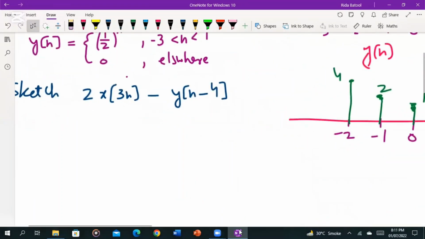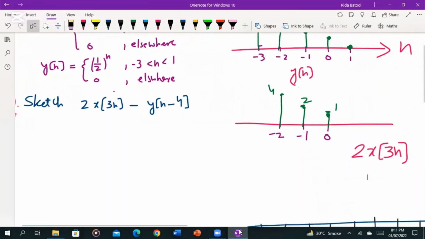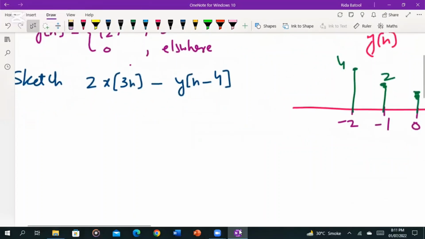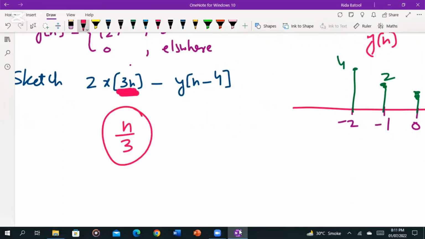Look, it is x of 3n. You cannot multiply the values of n by 3. X of 3n doesn't mean this. If they are being multiplied, you have to do this.